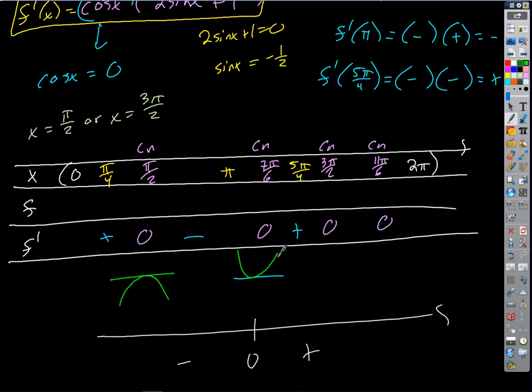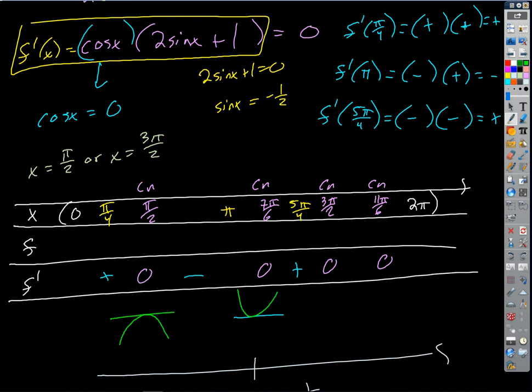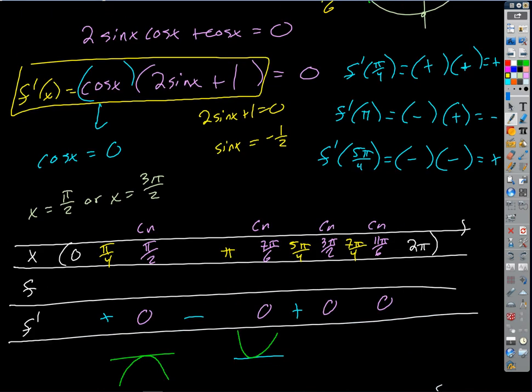Convenient test point between 3/2 pi and 11/6 pi, 7/4. 7/4 would be right there, right? So we're between those two. So what's that going to give us?